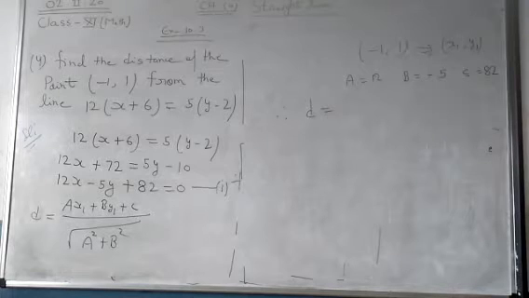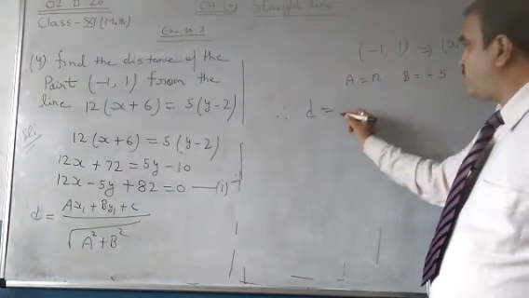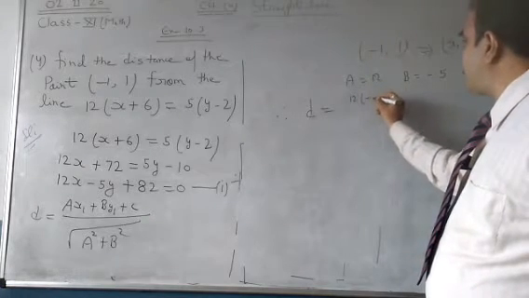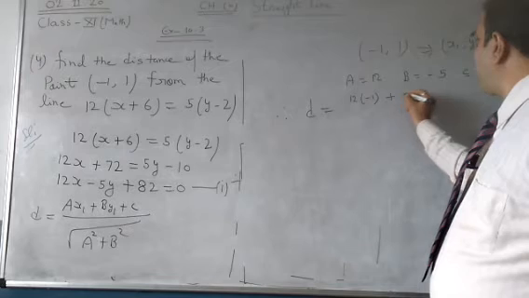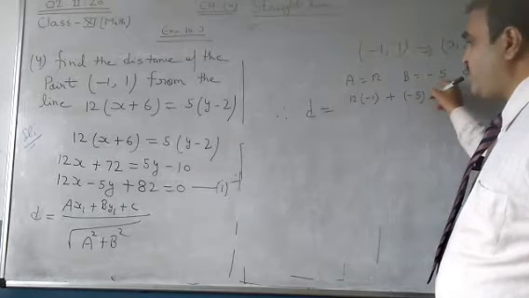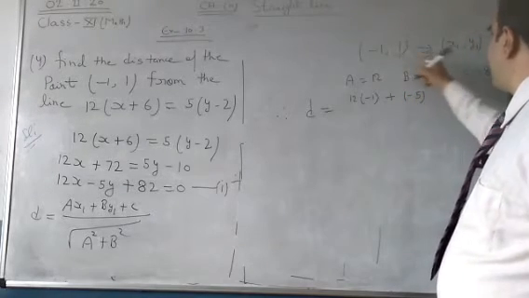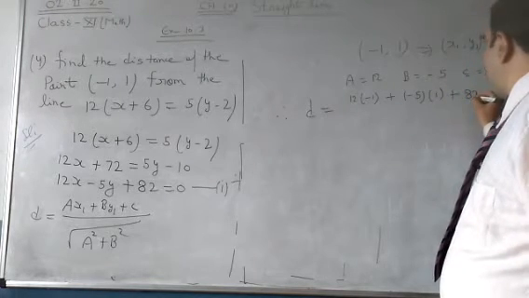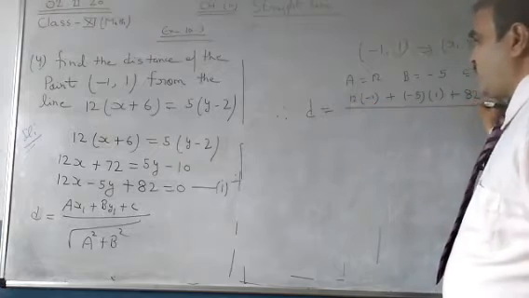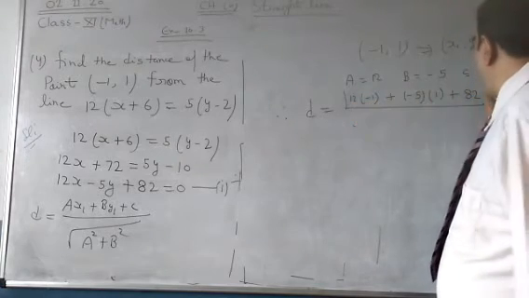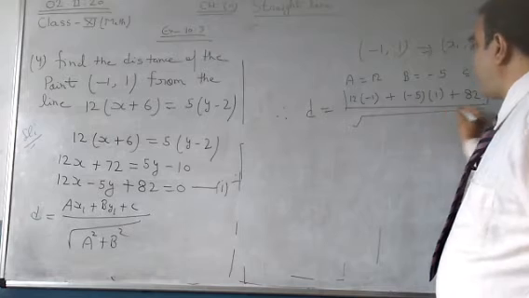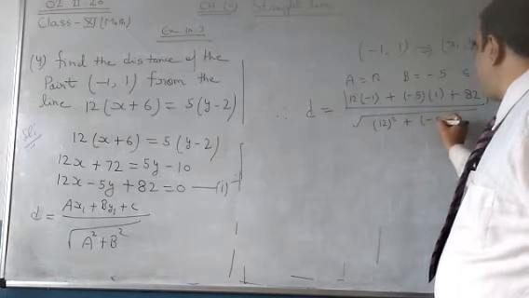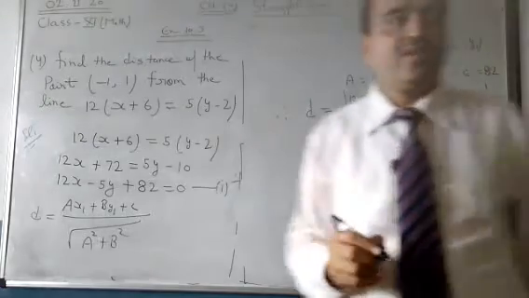Now putting all the values, D equals mod of A x1, which is minus 1, plus B, minus 5, y1 is 1, plus C, upon under root a square plus b square.